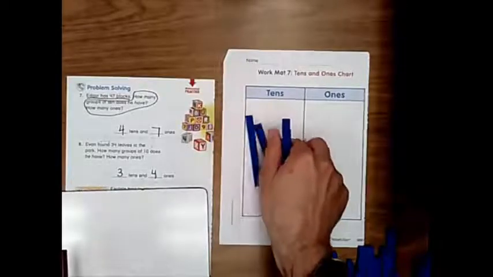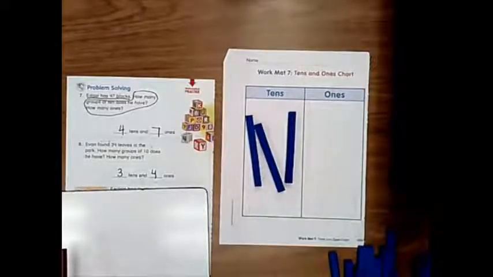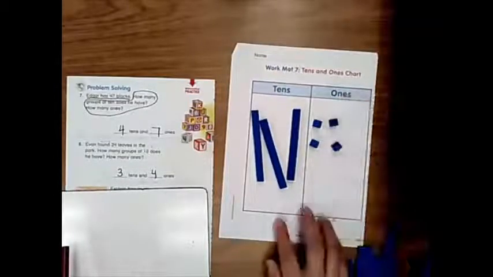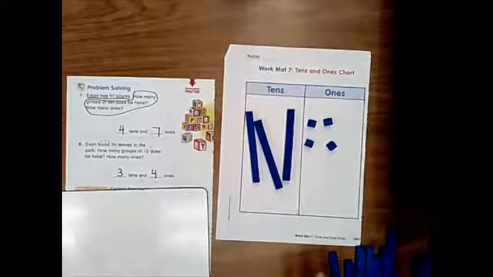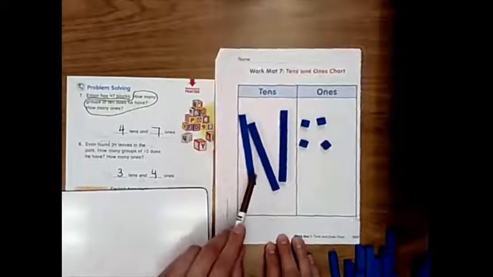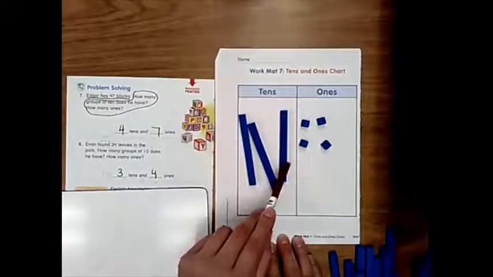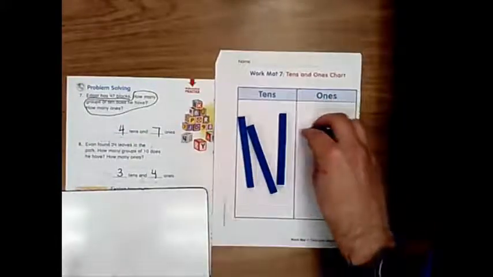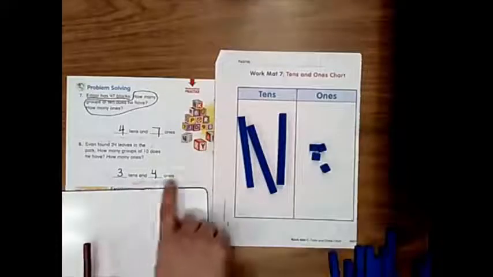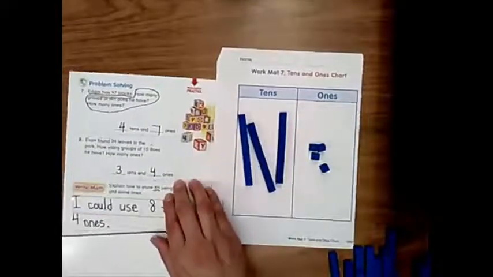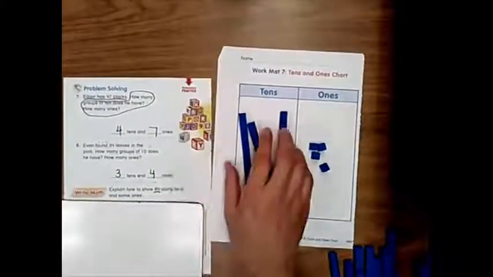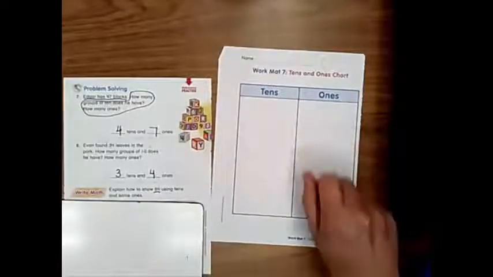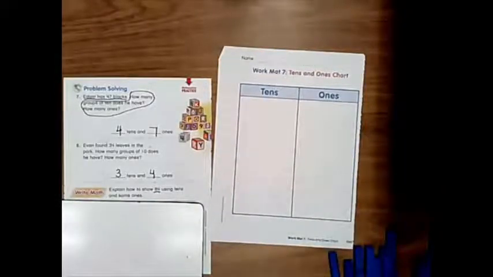So 1, 2, 3 tens, and 1, 2, 3, 4 ones. Does that make 34? Let's double check. 10, 20, 30, 31, 32, 33, 34. So that makes 34 leaves.